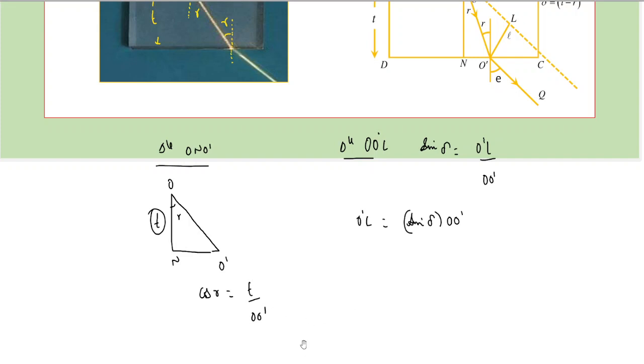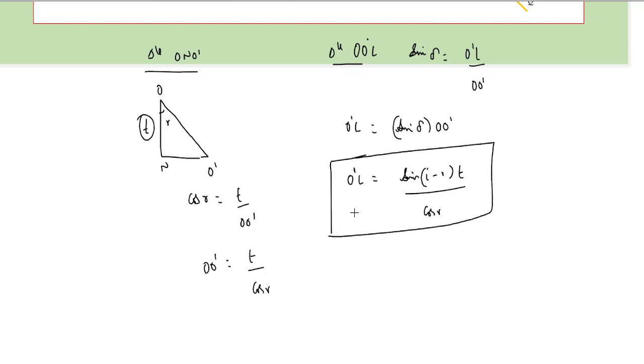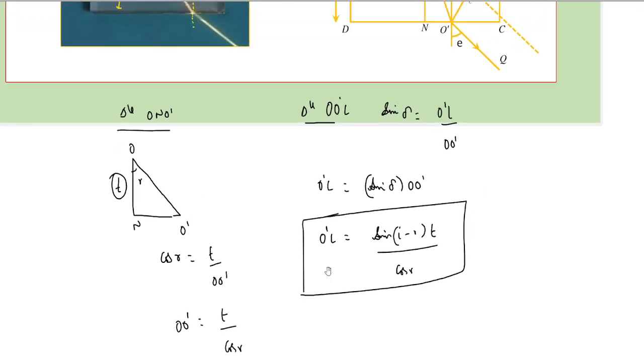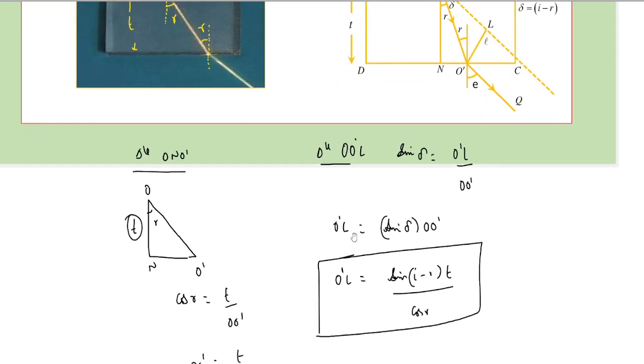From this, we get O dash is equal to T by cos R. Putting it back here, O dash L is equal to sine delta, but delta is I minus R. So it is sine of I minus R into O dash, which is T by cos R. This is the expression for lateral shift, where T is the thickness of the slab, I is the angle of incidence, and R is the angle of refraction.